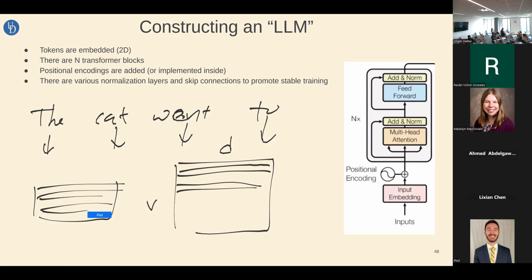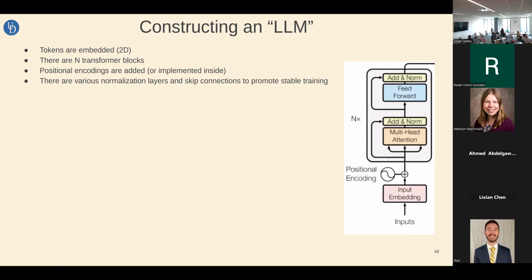So that's token embedding, and we already talked about positional embeddings and skip connection stuff. So if we add all that together, we have a way to go from text to matrix. We process that matrix, and then we're going to get answers out of it, and hopefully that's useful, right? So that's how we build an LLM.